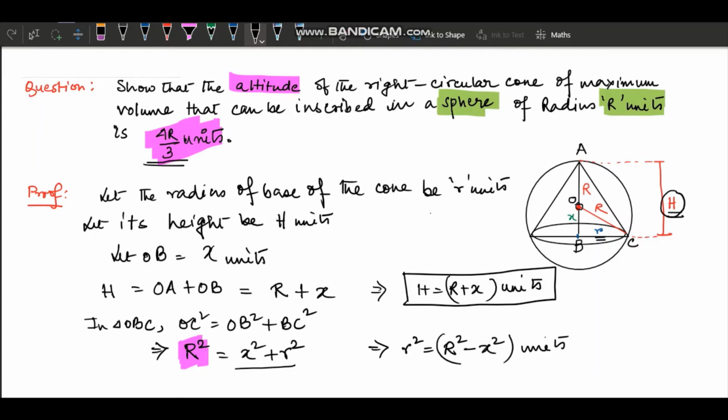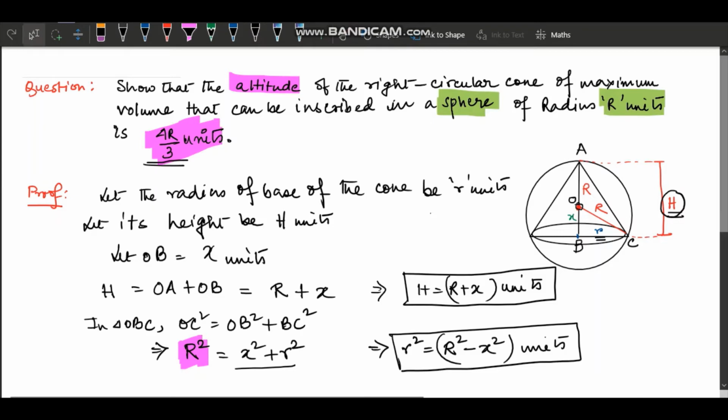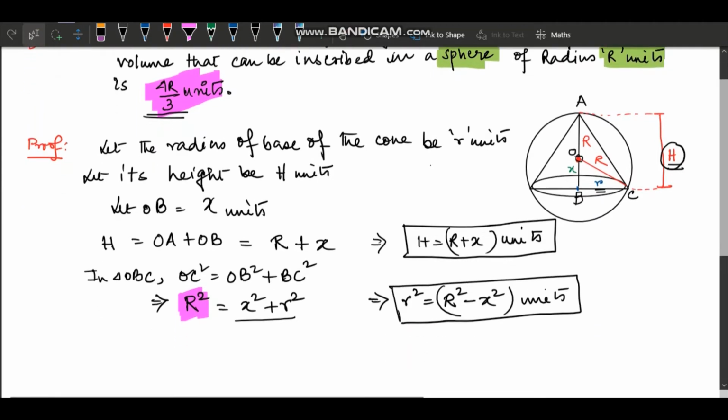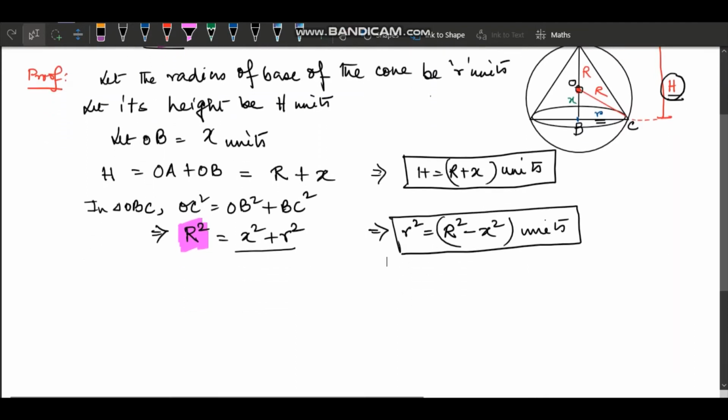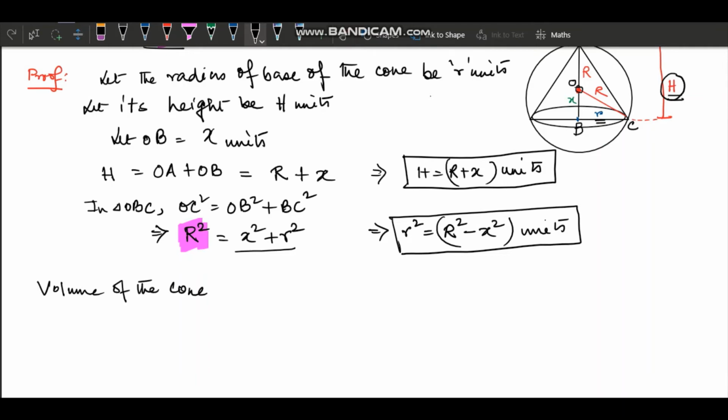Now what is the volume of the cone? Volume of a cone is given by 1 by 3 pi r square, which is the radius of the base, into h. So now volume of the cone, which can be denoted by V, is equal to 1/3 pi r square h cubic units.